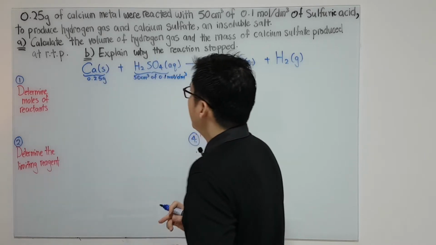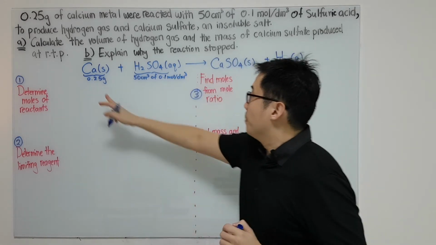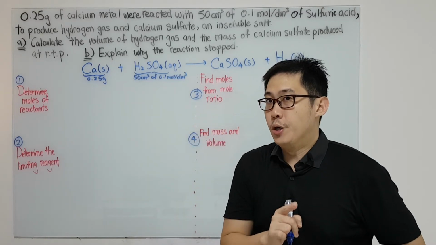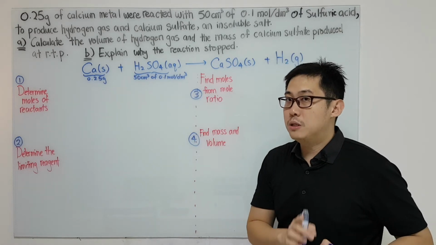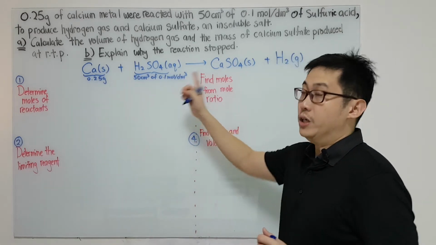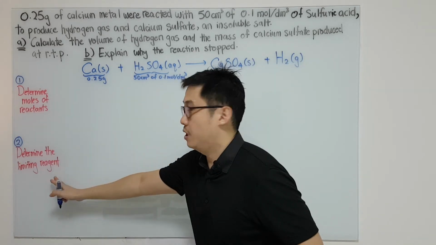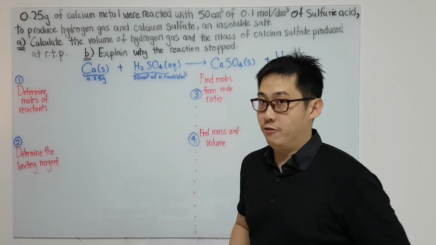Now, students, this is the first time you are encountering a question where the quantities of both your reactants are given, which means that you have to choose the correct one in order to determine what mole ratio to take with the products. In order to do that, we need to find out which one is the limiting reagent. This is how we do it. First, we determine all their respective moles.